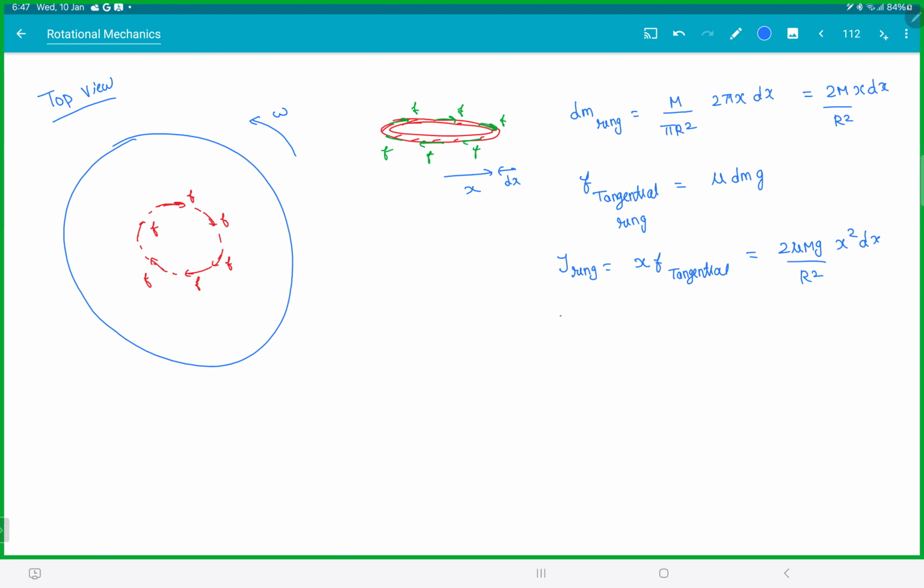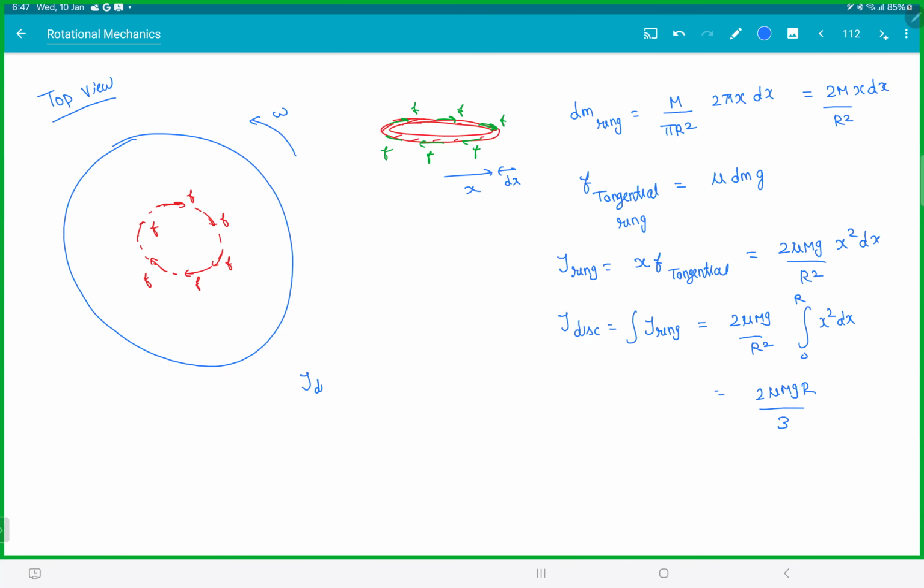That's the torque on the ring. The torque on the disk will be adding all the torques on the rings. Every ring has a different mass and different torque because x is different. So this would be 2 mu mg by r square integral x square dx from 0 to r. That would be 2 mu mg r by 3.